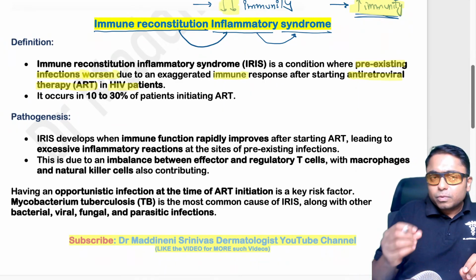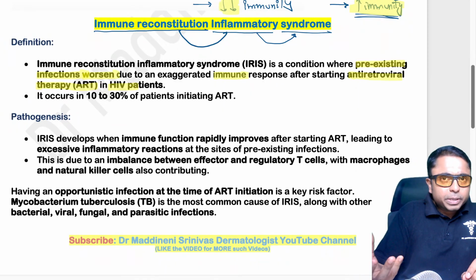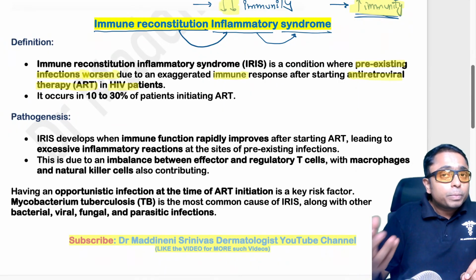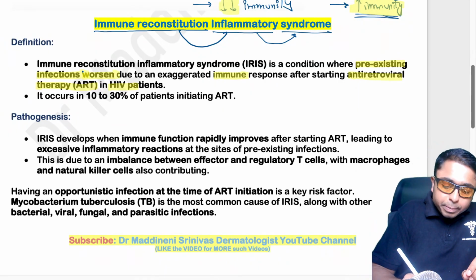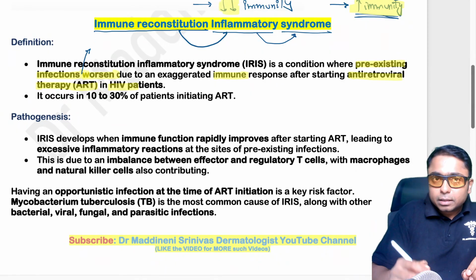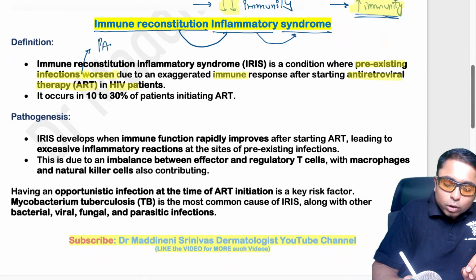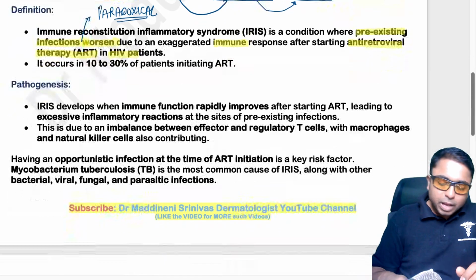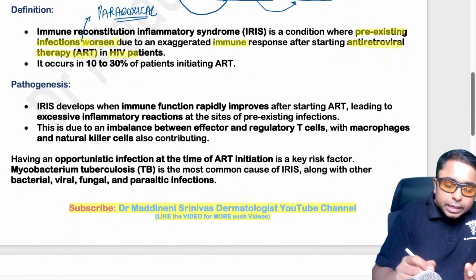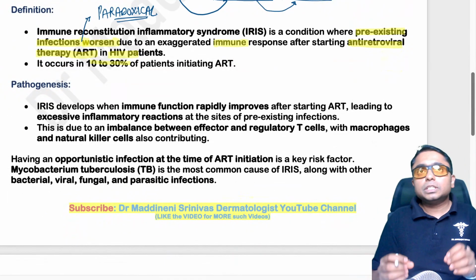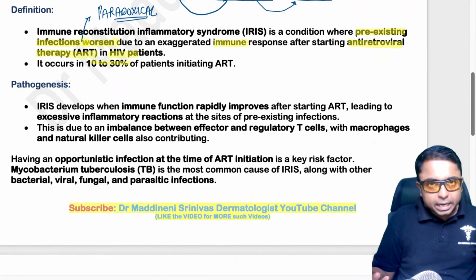Because we give ART to an HIV patient, what do we expect? That there is going to be improvement in the clinical features. But because there is a worsening instead of getting better, we call it paradoxical worsening. Remember, this can occur in up to 10 to 30% of the patients after starting the ART.